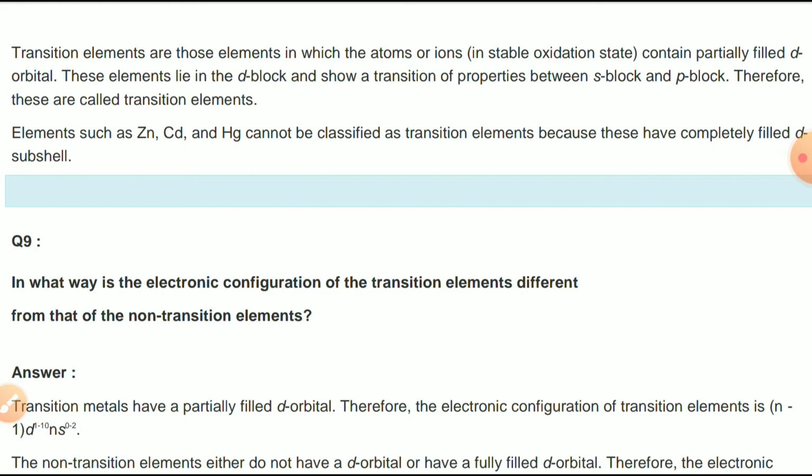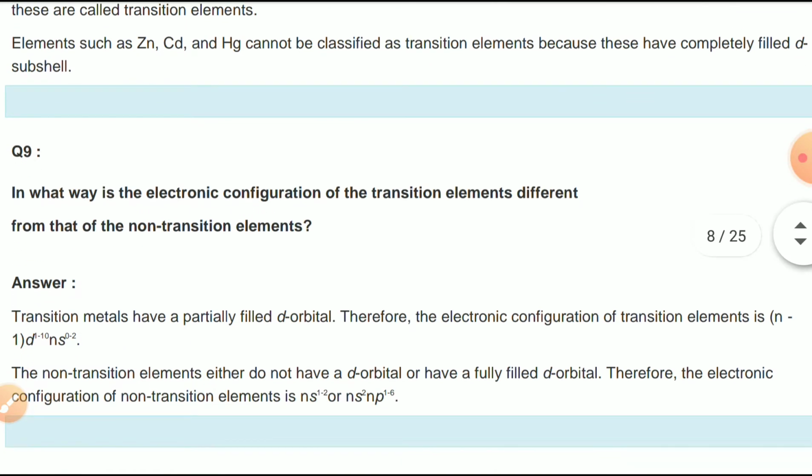These elements lie in the d block and show a transition of properties between s block and p block. Therefore, these are called transition elements. Elements such as zinc, cadmium, mercury cannot be classified as transition elements because these have completely filled d subshell.